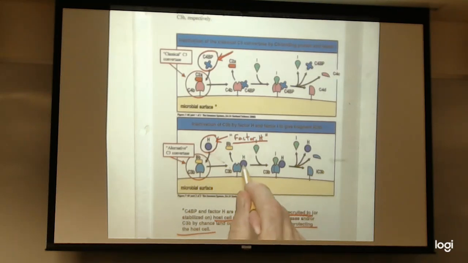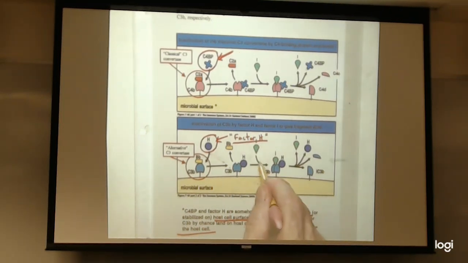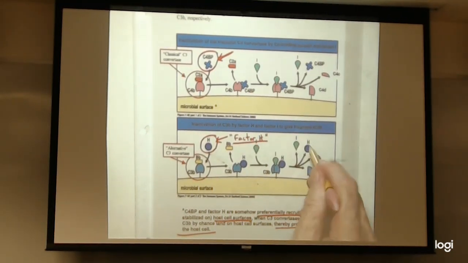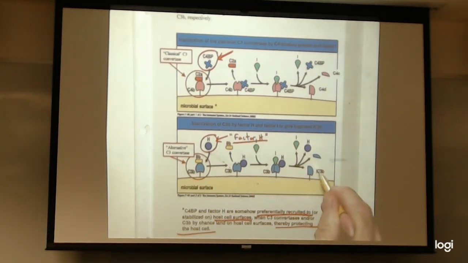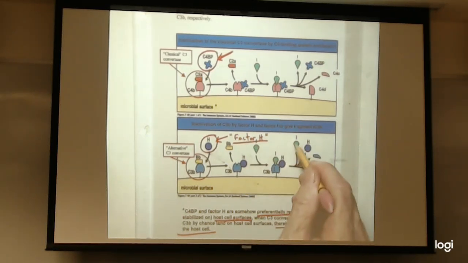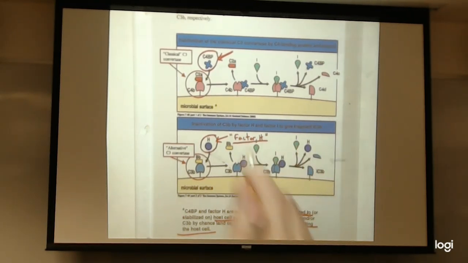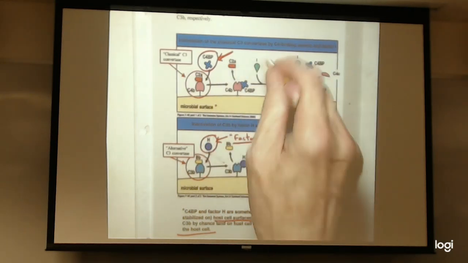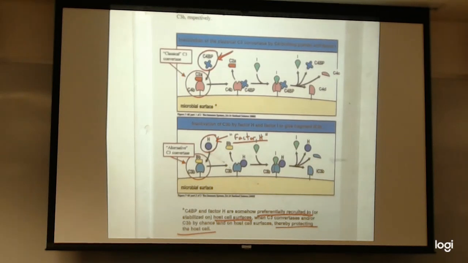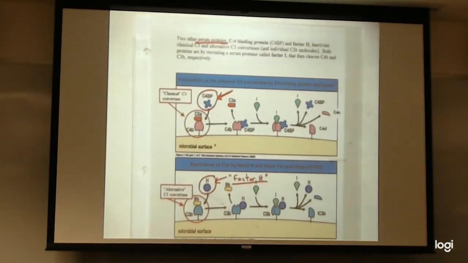Now factor H will recruit factor I again, and factor I will cleave C3b, and we're left with iC3b and this little cleaved off piece of C3b, and of course we release the I and the H components. So both of these are blood proteins that control this. We initiate these C3 convertases and are making C3b and coating like crazy, and we shut that down.